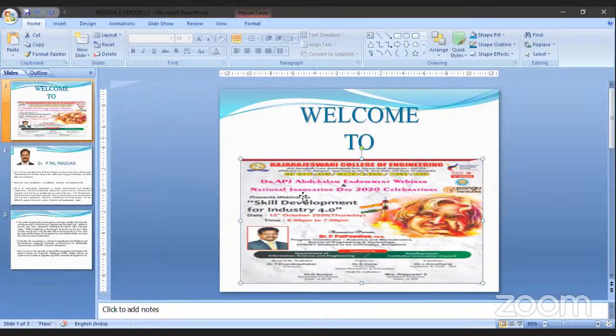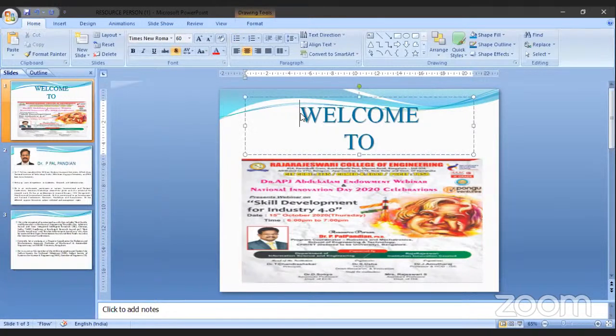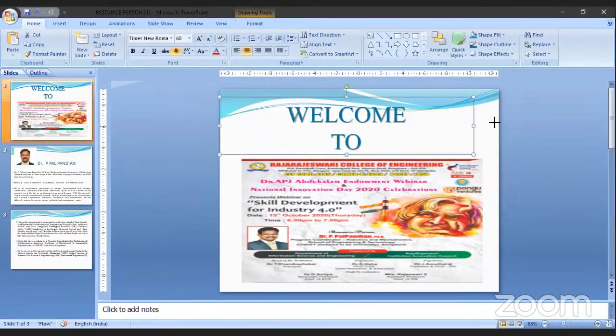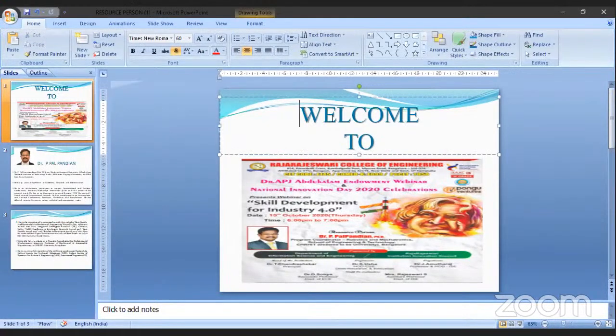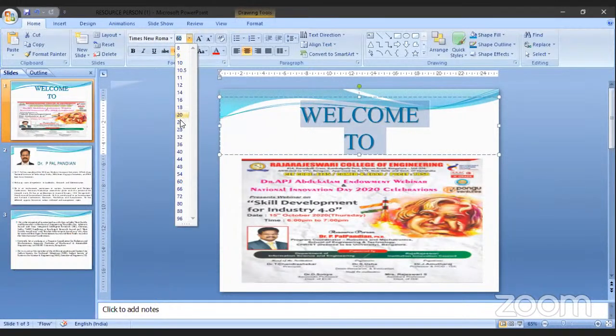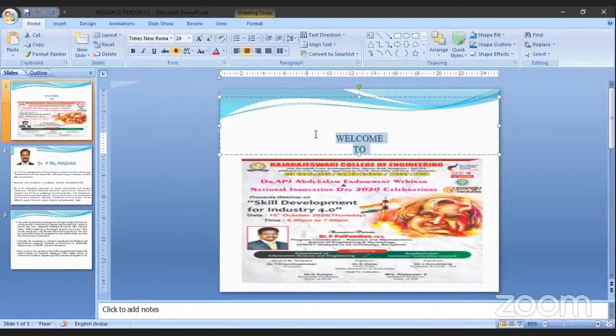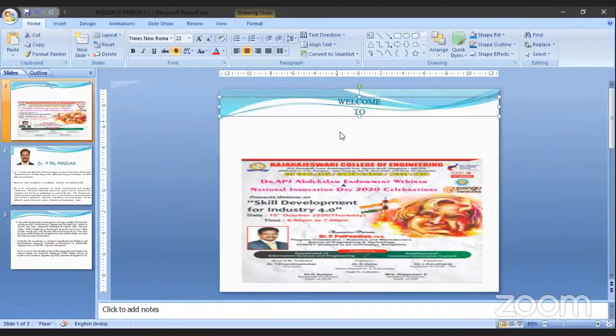Okay, sir. You can make the welcome text in a single small line, and you can extend the y-axis. Then it looks in a proper scale. That welcome text, you can make it 25 instead of 60. Yeah, 25, 24. You can bring it to the top. Fantastic.